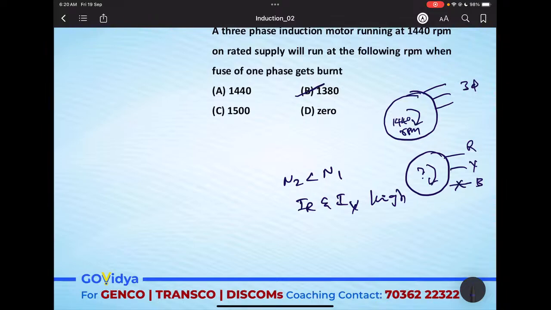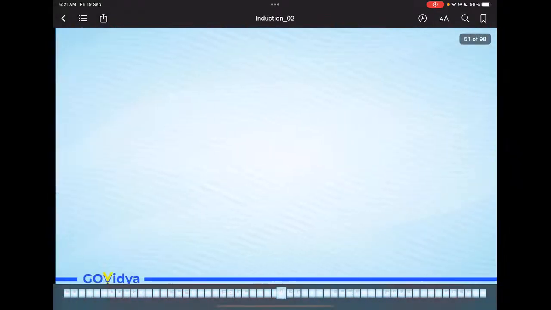In single phasing, the motor still runs but at a lesser speed compared to the previous condition. Since it is running at lesser speed, the nearby option is 1380. If they ask about currents in the same question, current will be high in the second condition. Okay, let's move on to the next question.